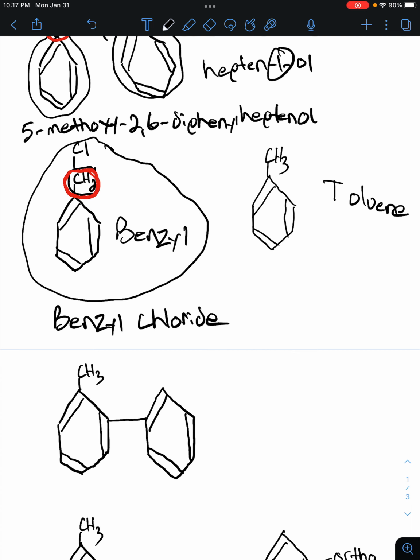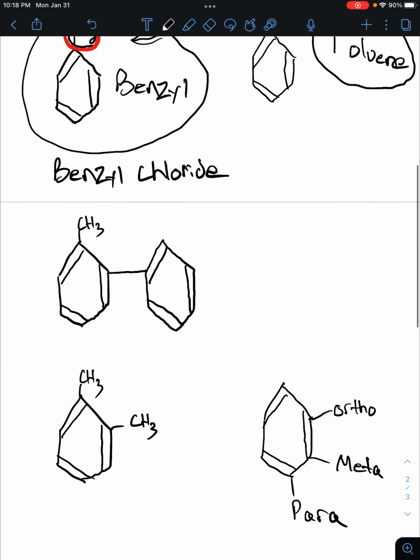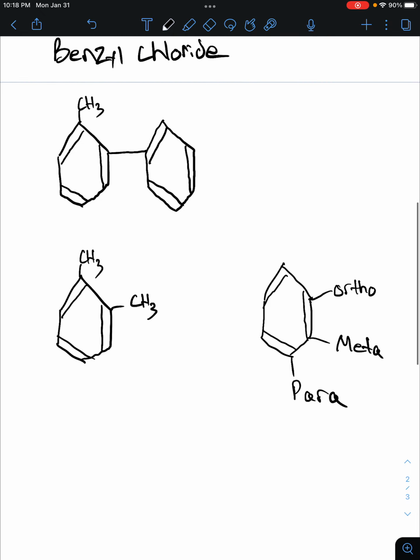What if you have a methyl group on the benzene ring? Well, you call this toluene. A benzene ring with a methyl group by itself is toluene. However, if you would, of course, come over here and add a chlorine, taking away one of those hydrogens because carbon has to have 4 bonds, it becomes a benzyl group. A little confusing, but this is something you just have to kind of memorize and get used to. So if we come down here, you would probably be tempted to say this is a diphenyl.